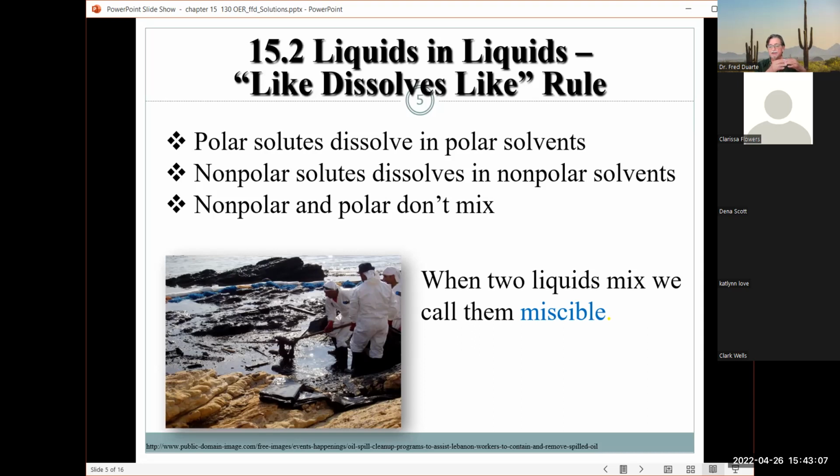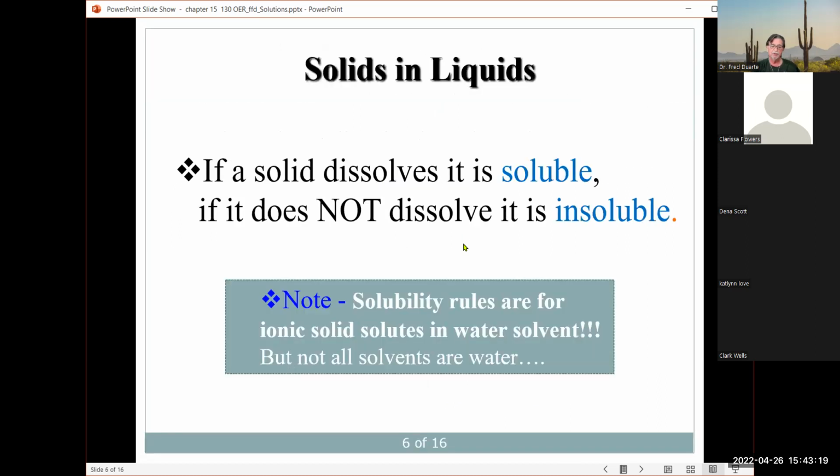If they mix because they're both nonpolar, it's miscible. If they don't mix because of a difference in polarity, it is immiscible. Okay? Immiscible. Now, with respect to solids in liquids, if the solid dissolves in a solvent, the term to use is soluble or insoluble.